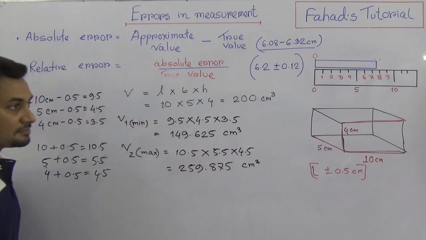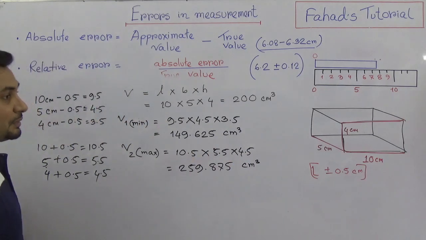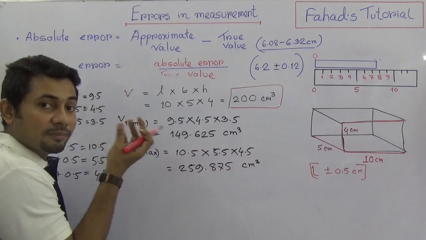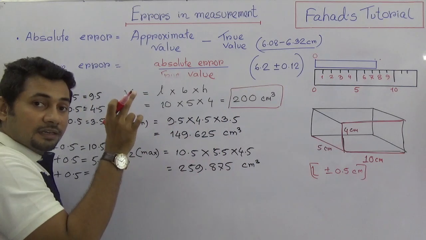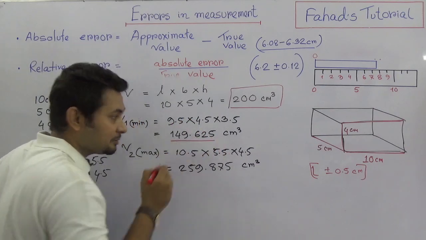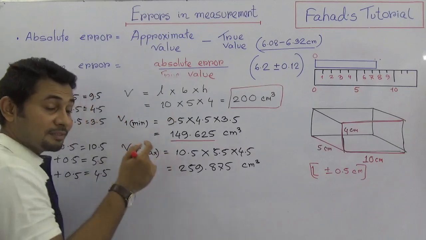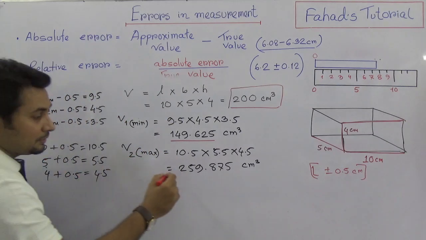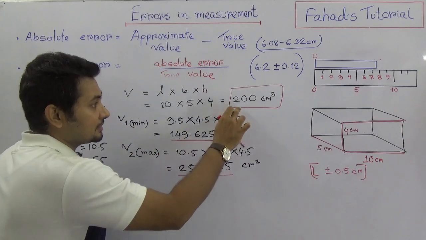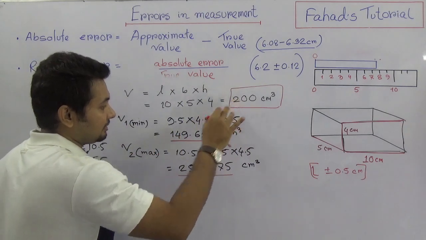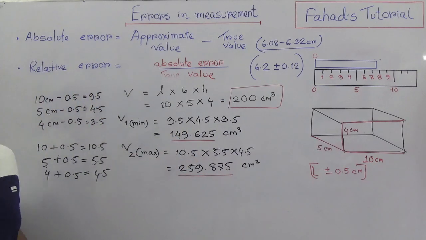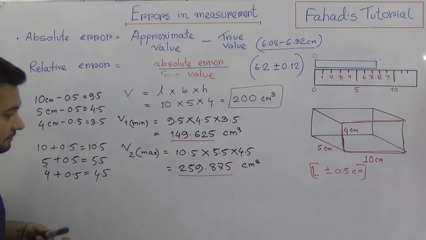centimeter cube. So previously we found 200 centimeter cube is the measured volume. Subtracting the absolute error, we got 149.625. When we add these errors, we got 259.875. So now which one is the bigger? If I just subtract 149.625 from 200, it should be 50.375.